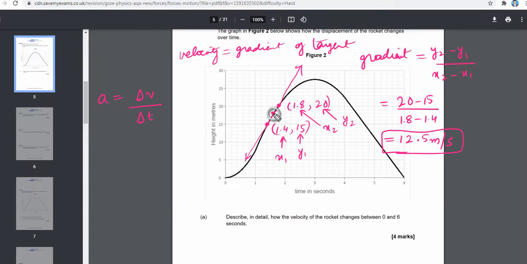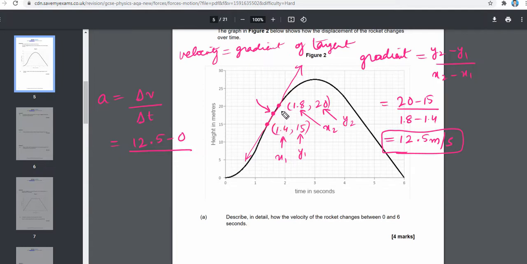Right over here at this time my velocity is 12.5 meters per second. So the change in velocity is 12.5 minus, initially it was 0, divided by the change in time. I'll take this middle point because this is the velocity between these 2 points.